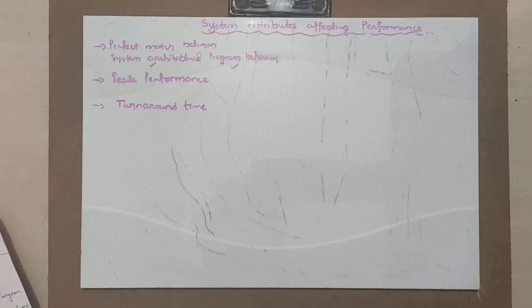That is called turnaround time. See, the turnaround time depends upon different things. Generally it depends upon what type of memory access, what type of input output, what is the compilation time, what is the operating system overhead, what is the CPU time. On all this, the turnaround time depends.